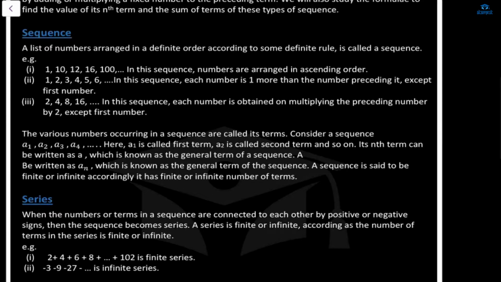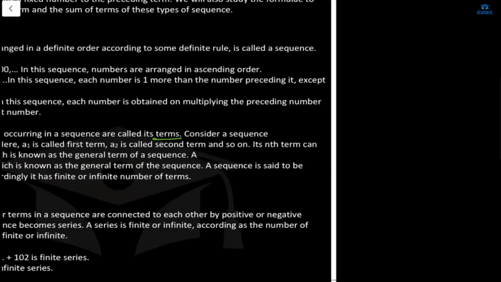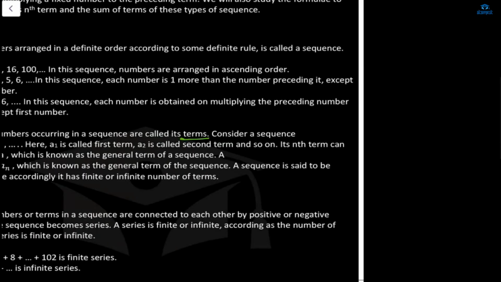Now here, each and every single number in this sequence is called a term. Now, consider a sequence. What is a1? If you are writing a general sequence, the first element can be represented as a1. So this is your first term, and similarly, this is your second term, and so on.